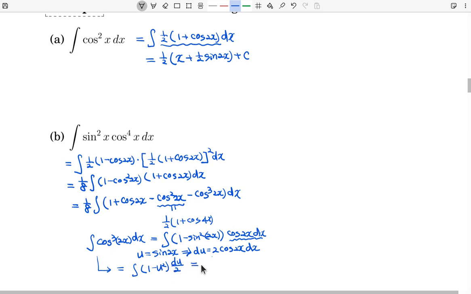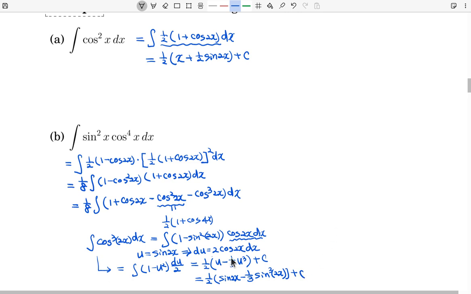So that is half of u minus 1/3 of u cubed plus c. That is the same as 1/2 of sine 2x minus 1/3 of sine third power 2x, and plus c, right?